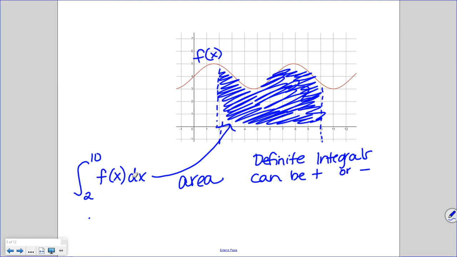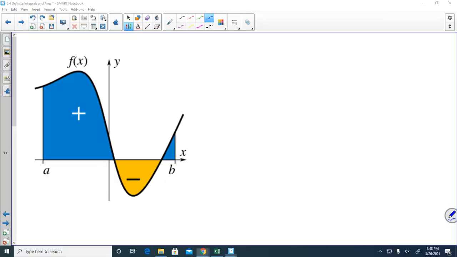I could evaluate this if I didn't have this picture, and I could get either a positive value or a negative value depending on what's happening. So I have to be careful. I'll show you a couple of pictures here.